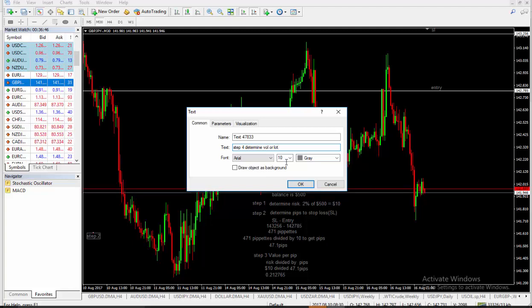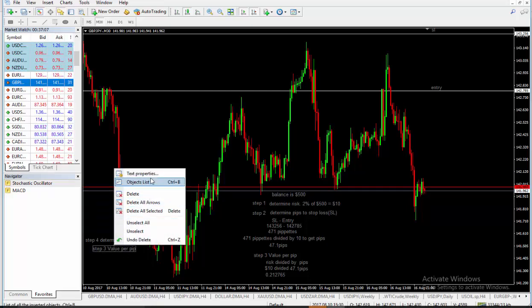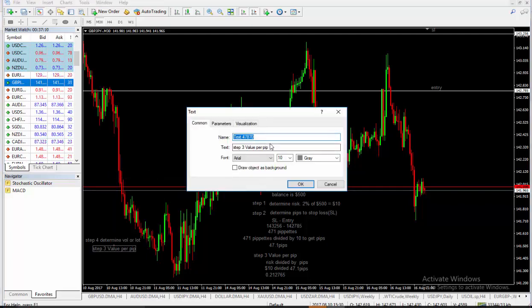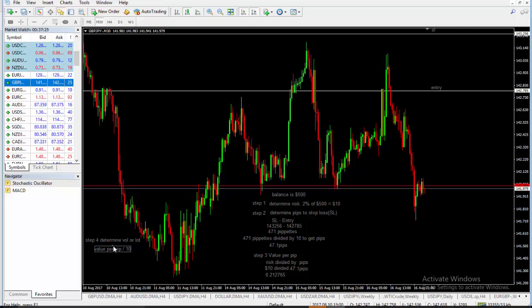To determine our volume or lot size, we have to take our value per pip and divide it by 10. That's it. Like this, you will get your volume, and you'll see that it's not always 0.01.